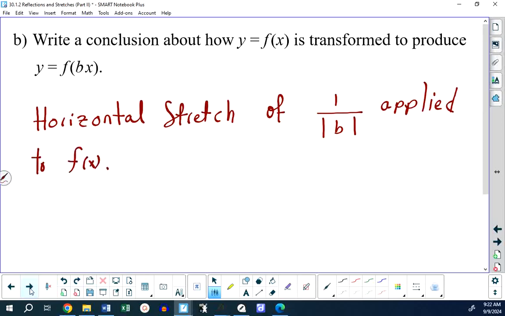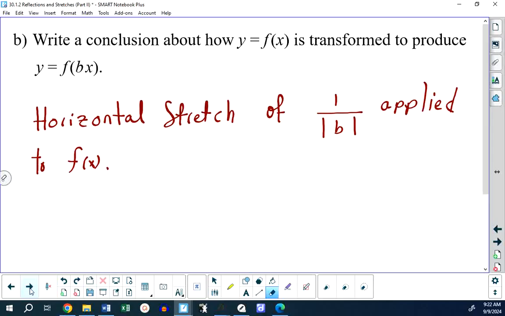Don't let the algebra of that 1 over the absolute value of b knock you around in your head. All it means is take the reciprocal of b, and if there's a negative, get rid of the negative. If b is a half, for goodness sake, you don't have to confuse yourself. 1 over a half is the reciprocal of a half, which is 2.